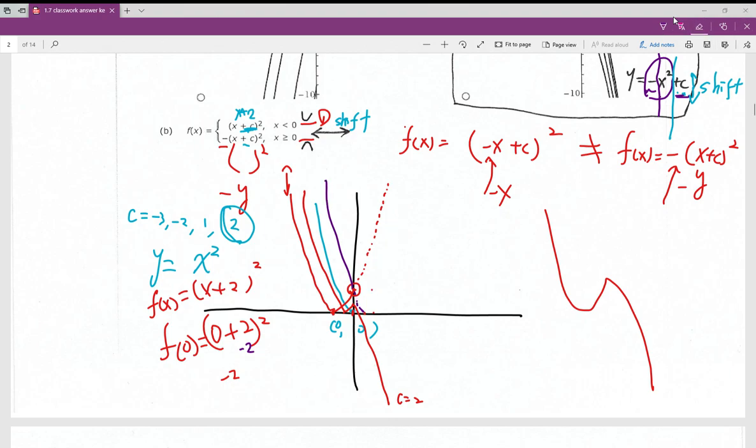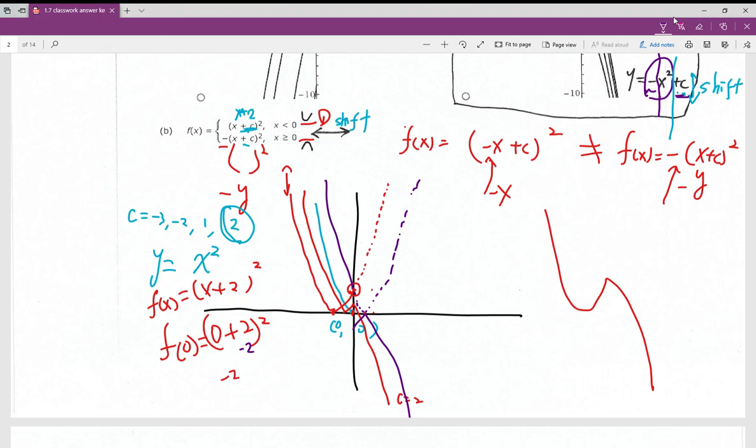Here, let's start it. Let me make it look more dotted. Okay, dotted. So it's supposed to be like that, and then make it upside down, it becomes this way, right?